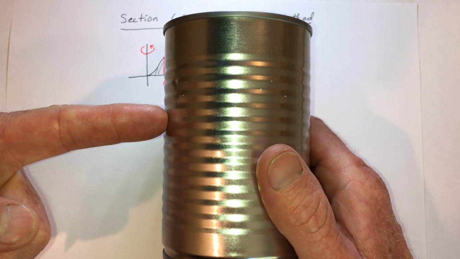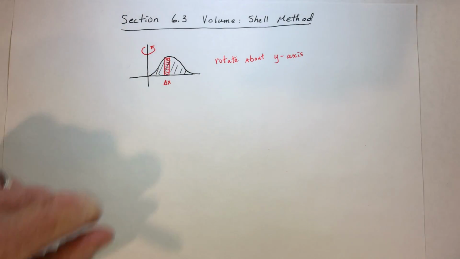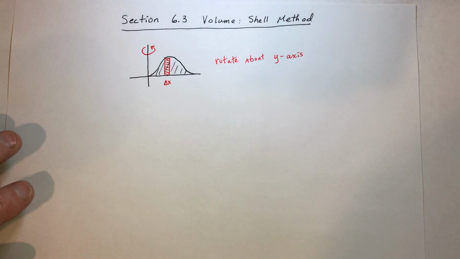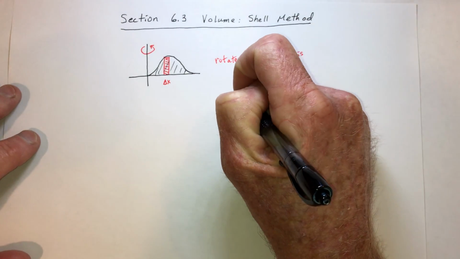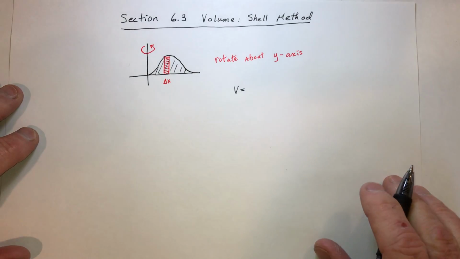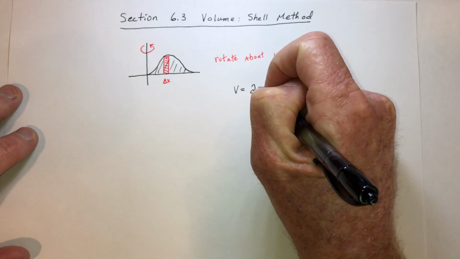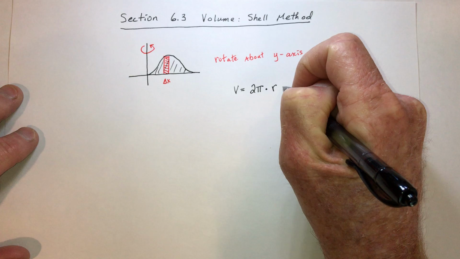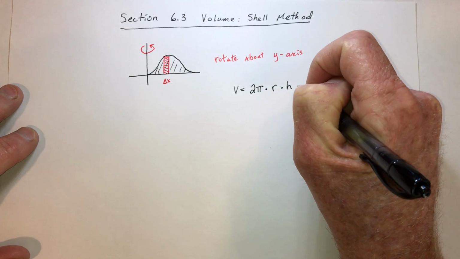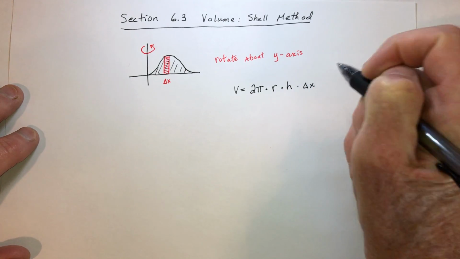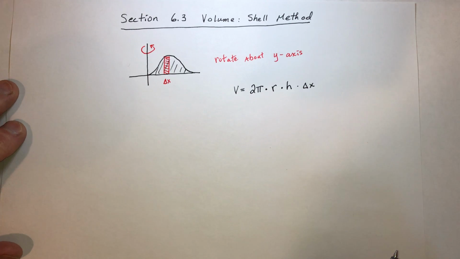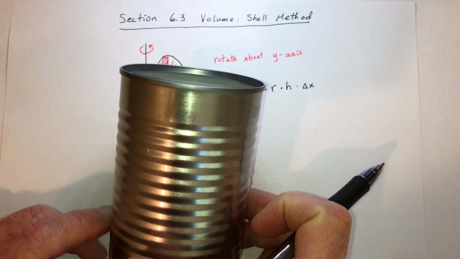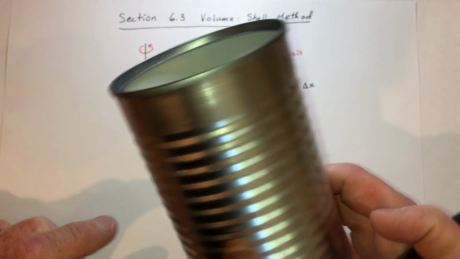Not the height of this actual can, but the height of the function. So the volume of one particular shell is going to be 2 pi times the radius times the height and times delta x. So that would be the formula for finding how much metal this is made out of.